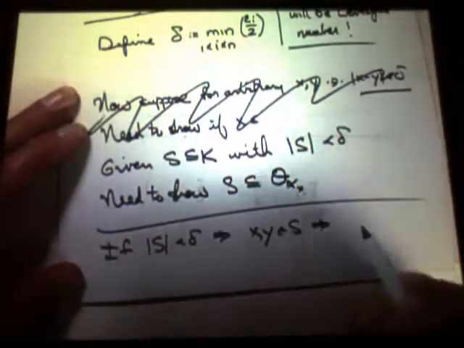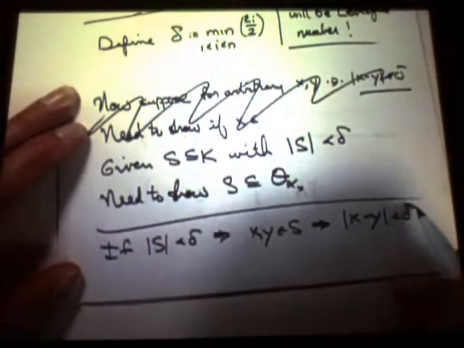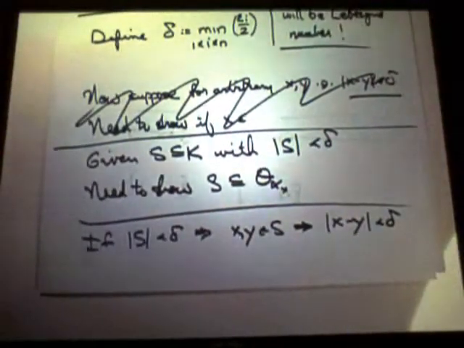Now, if S is less than delta, that means x and y in S implies this is true, right? So S is a little set. Its total length is less than delta.